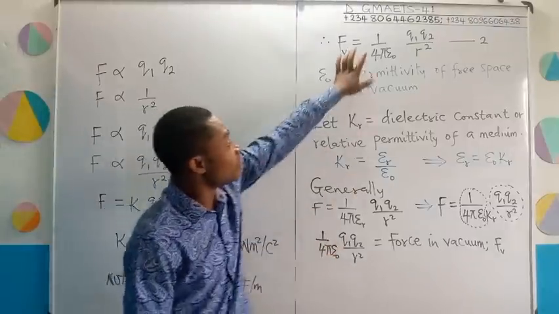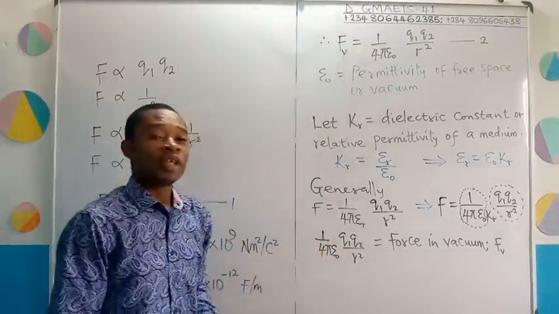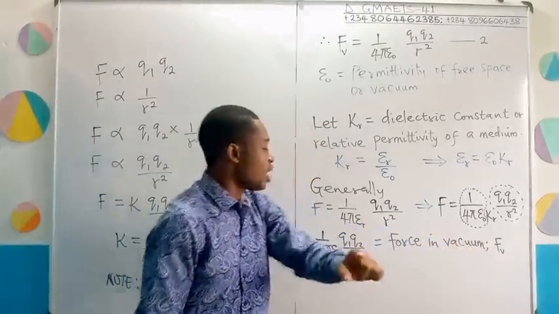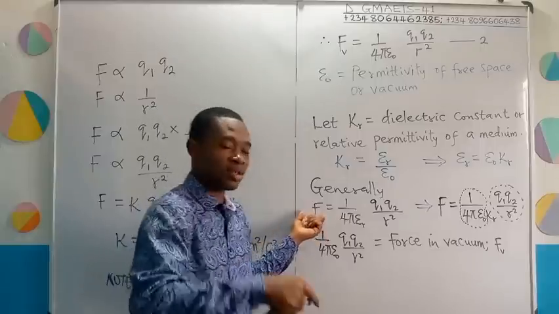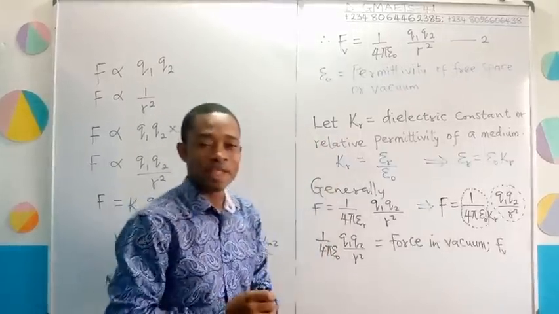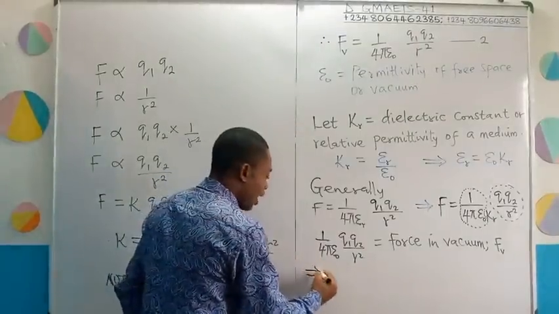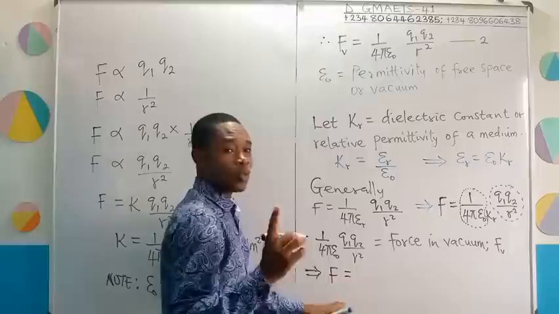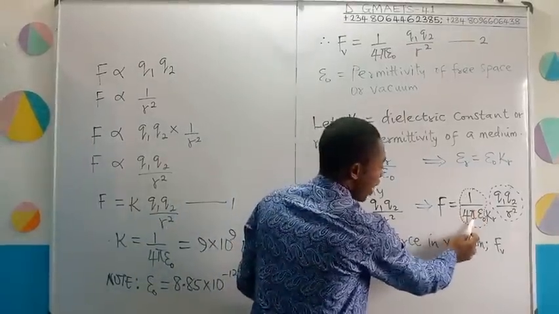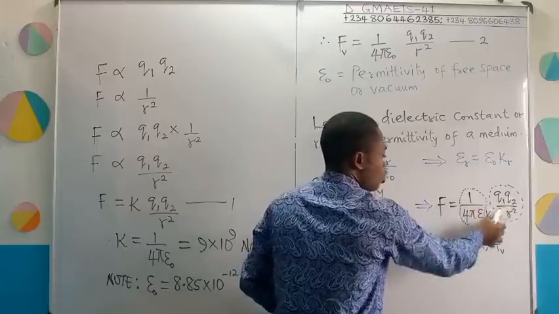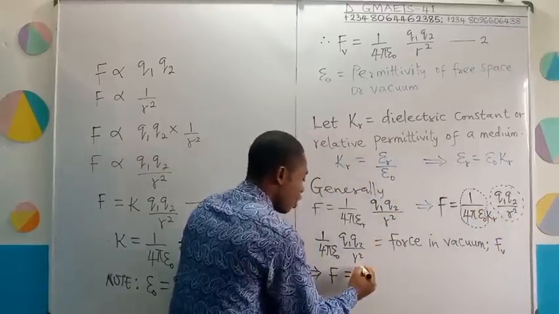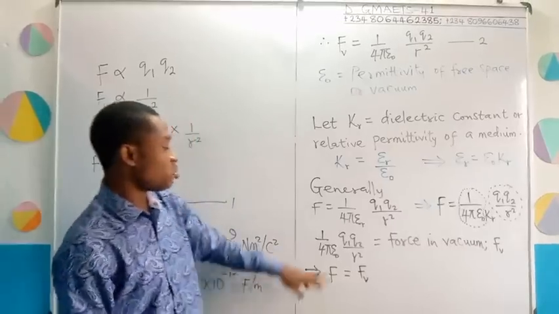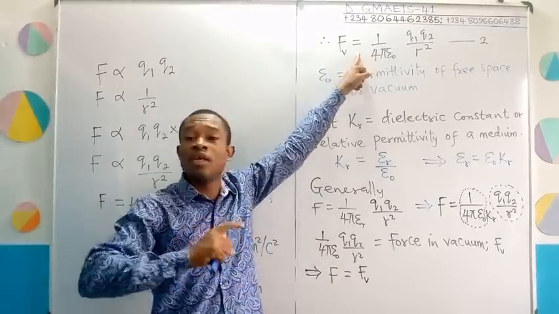So this formula you're seeing defines the electrostatic force between two charges when they are placed in vacuum. Now watch. What would now be the force when they are placed in any other medium? That would imply that this force F would now be equal to, in place of 1 over 4 pi E naught Q1, Q2 over R squared, which defines the force in vacuum, so I'm going to write FV, which makes use of this formula we generally are used to.